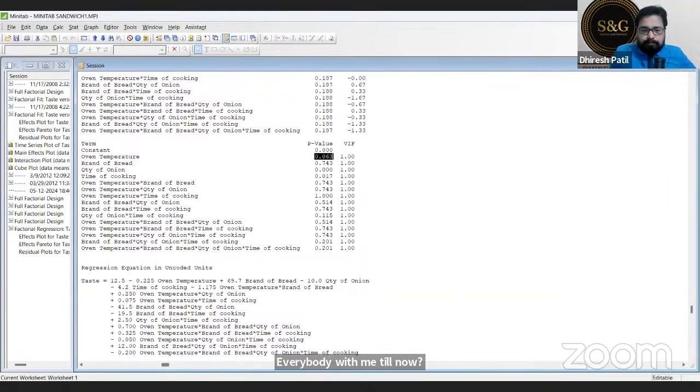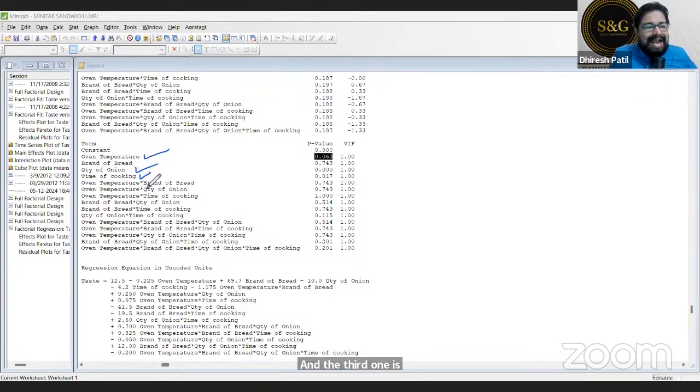So I am taking oven temperature, quantity of onion, and the third one is time of cooking. So A, C, and D we will select.